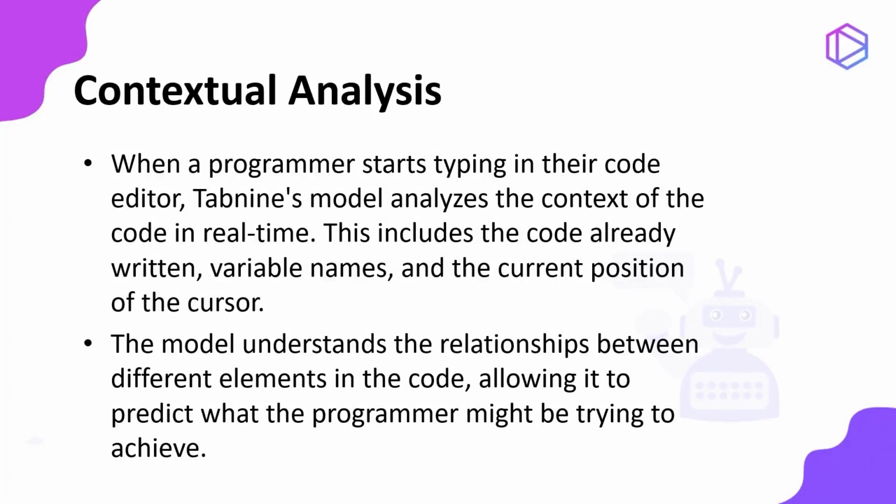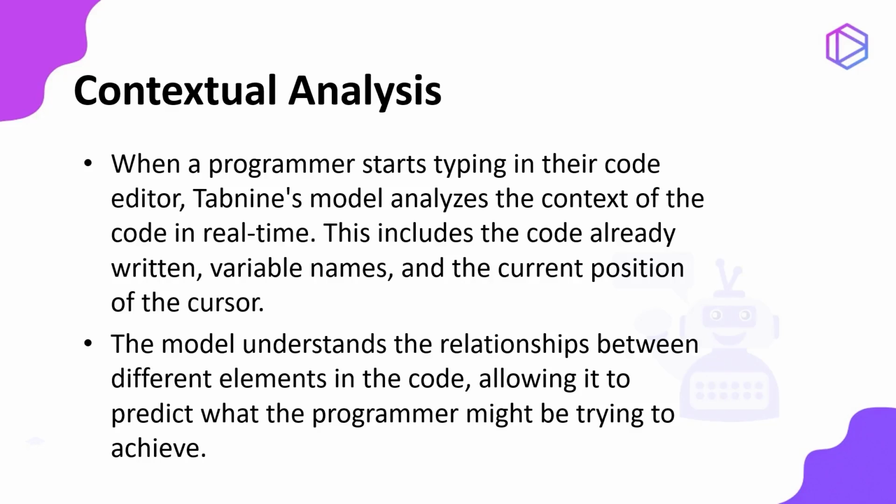So, contextual analysis. When a programmer starts typing code, the Tabnine model analyzes the context of the code in real time. Whenever the developer starts writing and applying variables, Tabnine suggests already written variable names and already written blocks of code, if any.